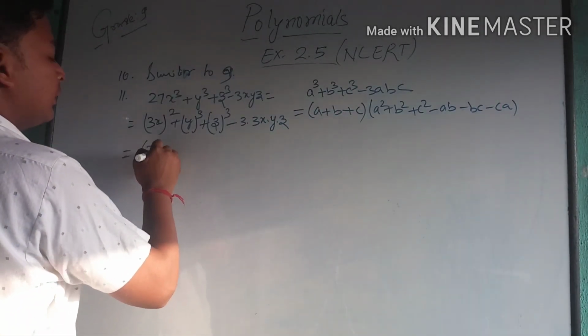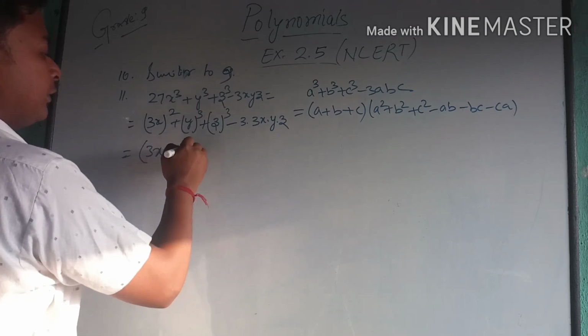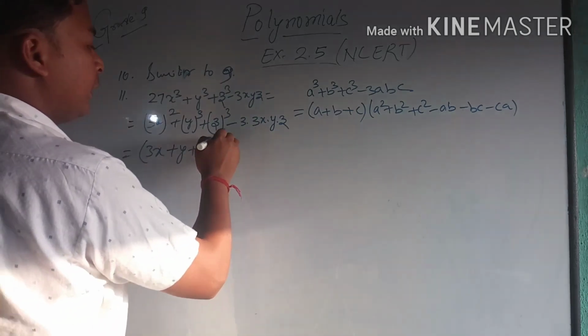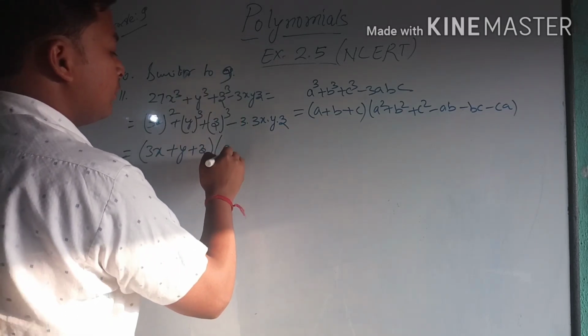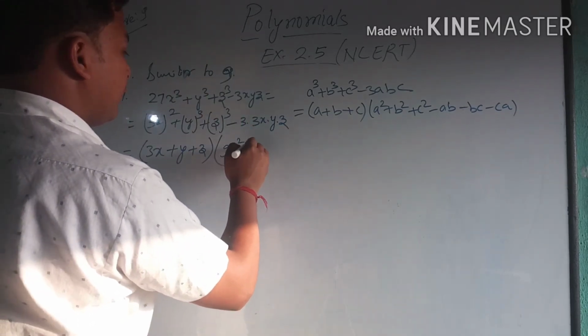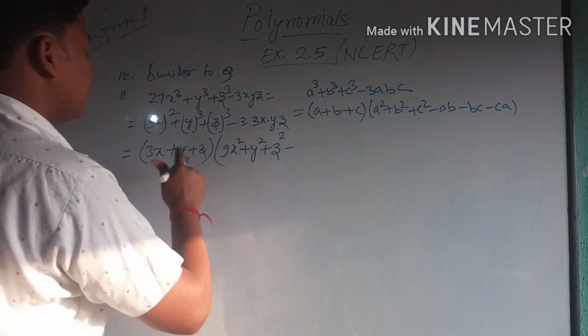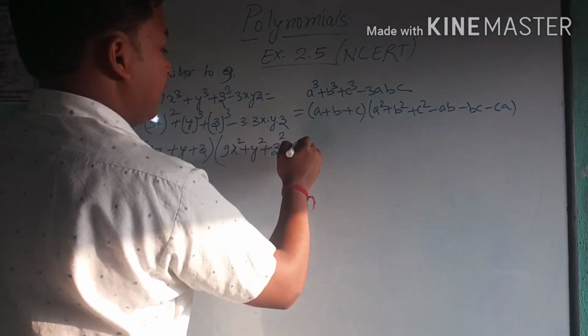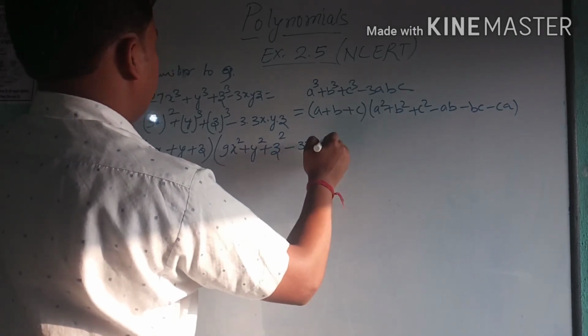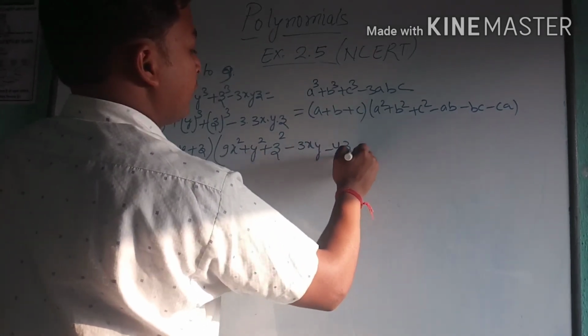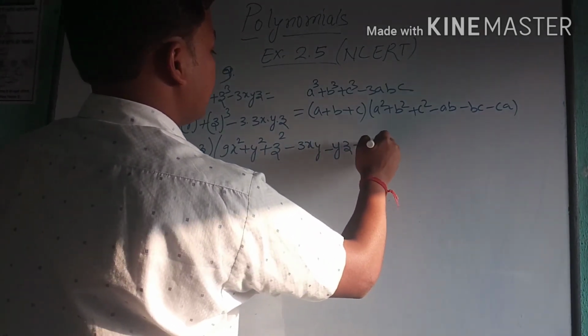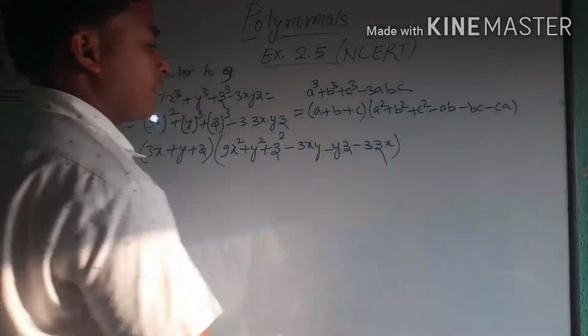Very simple question. 3x plus y plus z into, a square is 3x square, which is equal to 9x square, plus y square plus z square minus 3xy minus yz and minus 3zx.